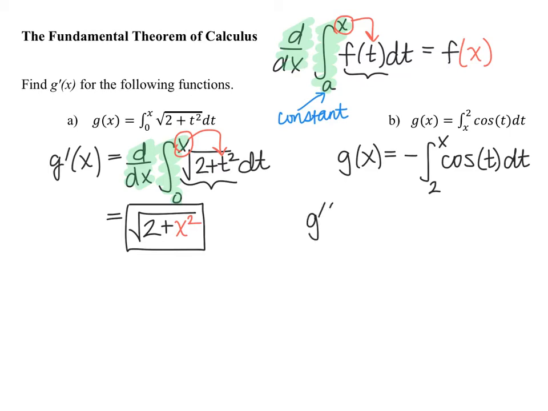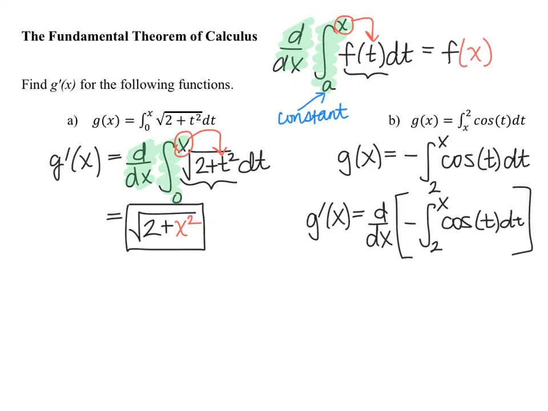So because I'm being asked to find the derivative of g, I am taking the derivative with respect to x of this function, which is an integral. I almost forgot to write my negative sign. Sorry, let me go back to make sure I have that in there. We're taking the derivative of this function, which is an integral. So because I have that negative, I'm going to go ahead and put this in brackets. So the negative integral from 2 to x of cosine of t dt.